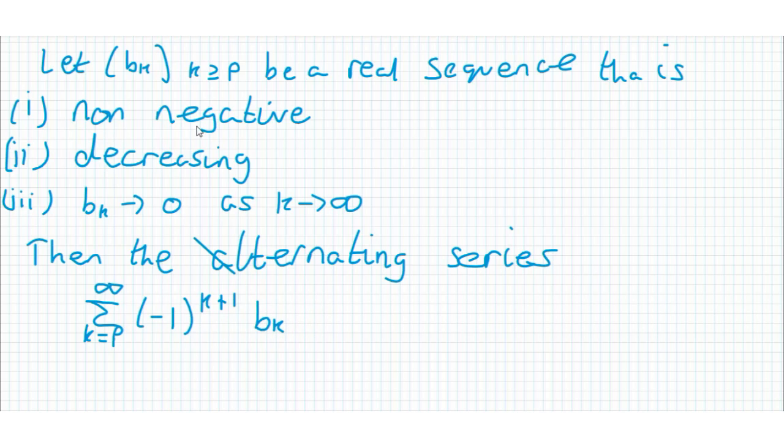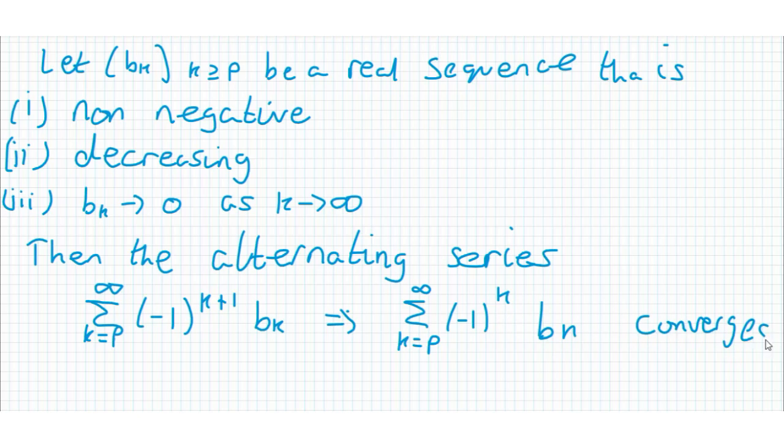So if these three conditions here are all met, then this converges. If we divide by -1, we can also see that the sum from k equals p to infinity of (-1)^k bk converges. This converges too.